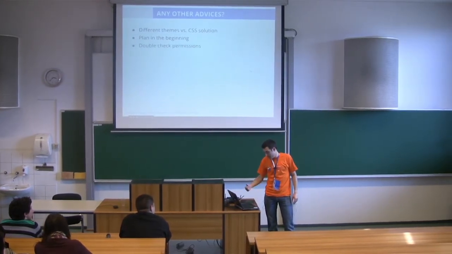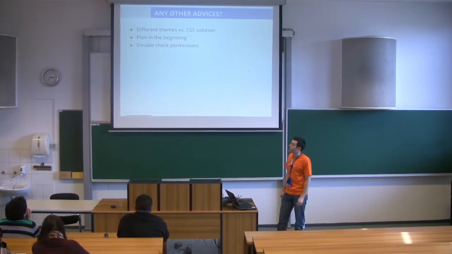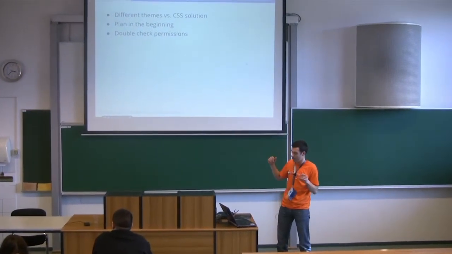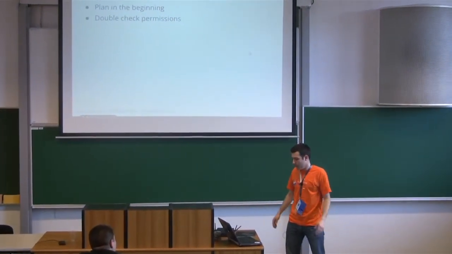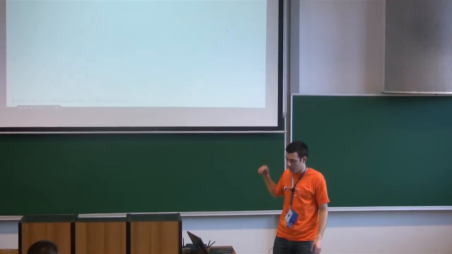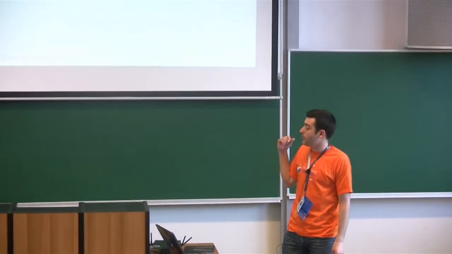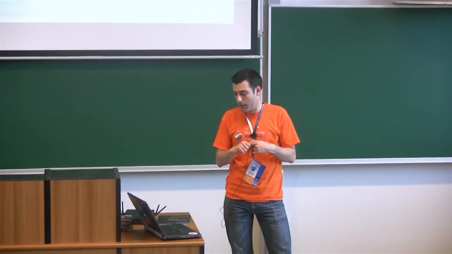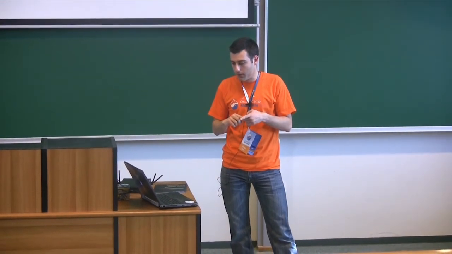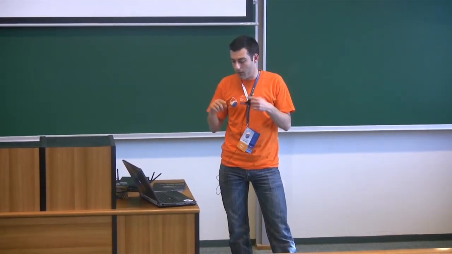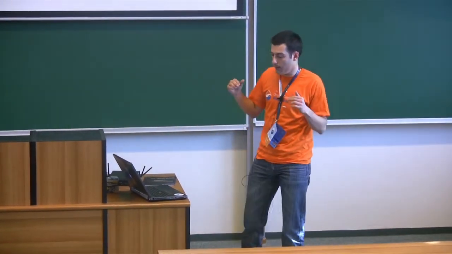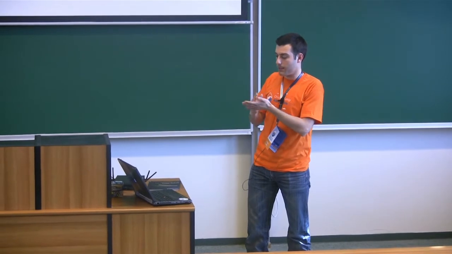And the next one is to double check permissions, because especially for this kind of site, where I think there are about 10 or 12 roles for different users, you have to check all the permissions, especially the ones that apply to node access control. An important thing to mention is that all the modules that use node access apply the same permissions.